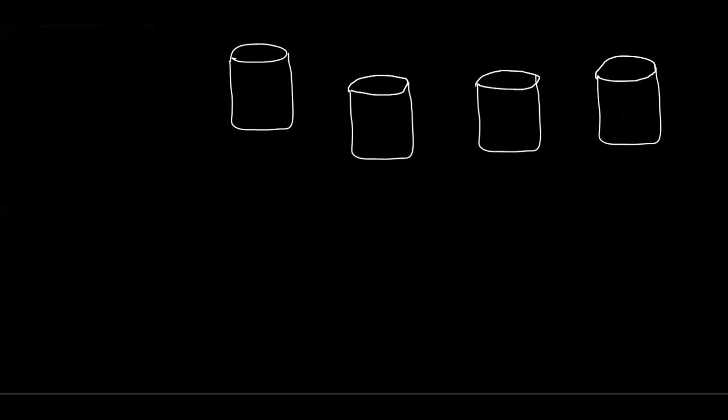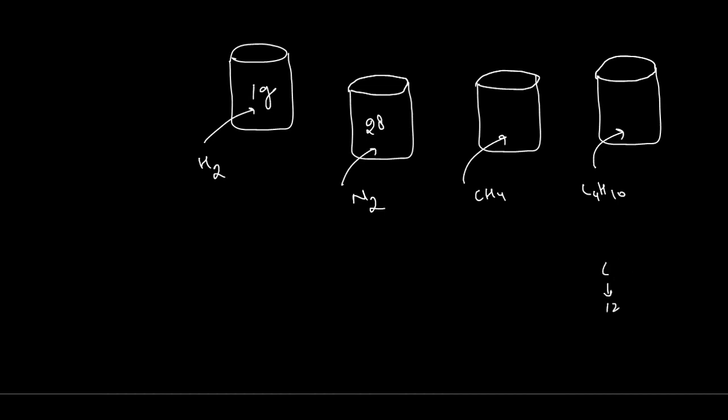I have given this one hydrogen gas, this one N2 gas, this one CH4 methane gas, and this one, let's suppose, butane gas, C4H10. If I take one mole of each, 1 mole of hydrogen is going to have 2 gram mass, 1 mole of nitrogen N2 is going to have 28 gram mass, and 1 mole of CH4, C means 12 and H4 means 4, together we add these two and get 16 grams.